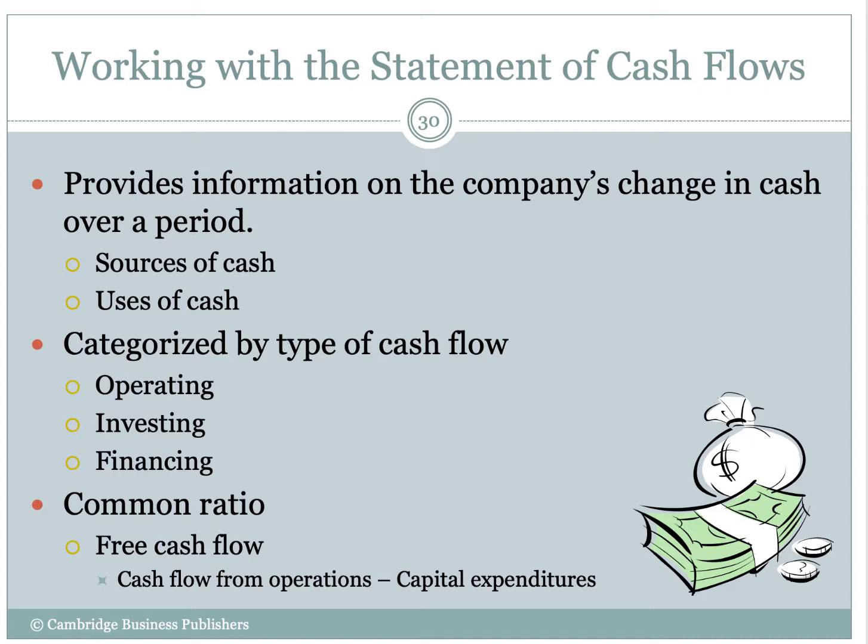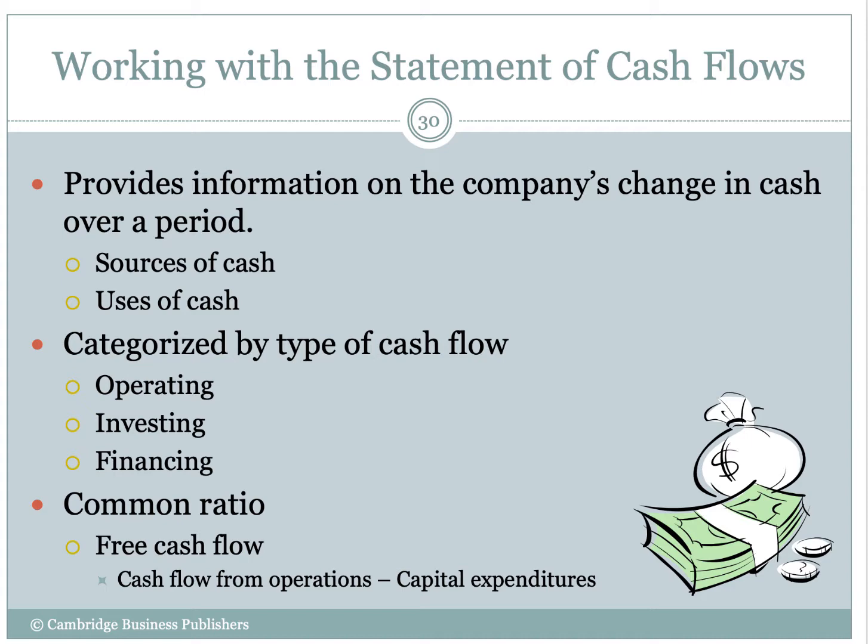So when we look at that statement of cash flow, this is very important information that shows how our cash changed over a period, right? We're going to look at sources of cash. What activity provided us with cash? What activity used cash? The cash flow statement is really broken down into three main activities.